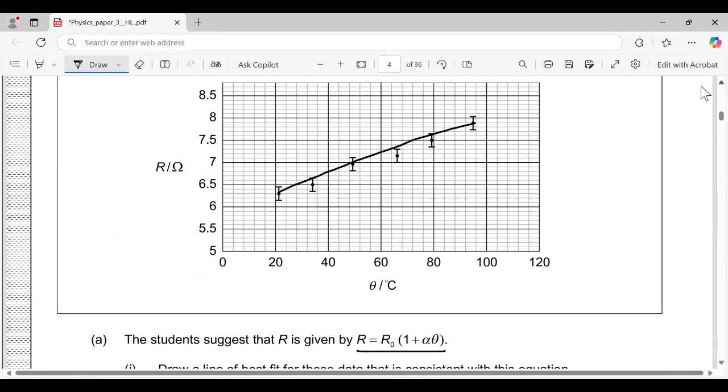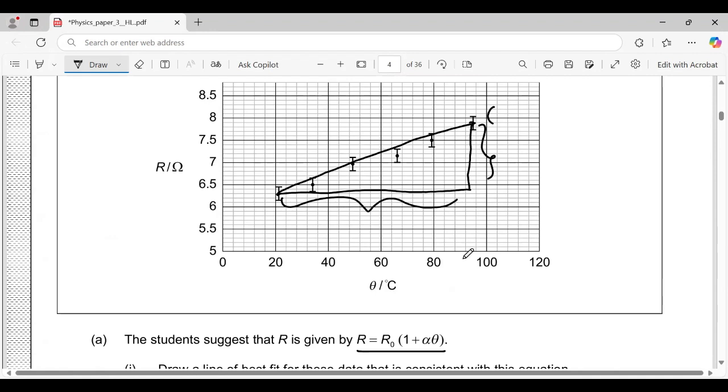So the gradient we can calculate through this coordinate point and this coordinate point, so it becomes like this distance divided by... So we are going to find this coordinate point.